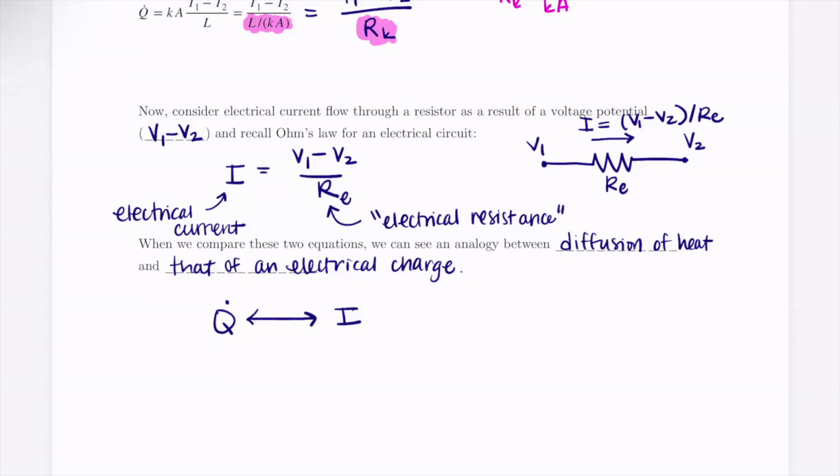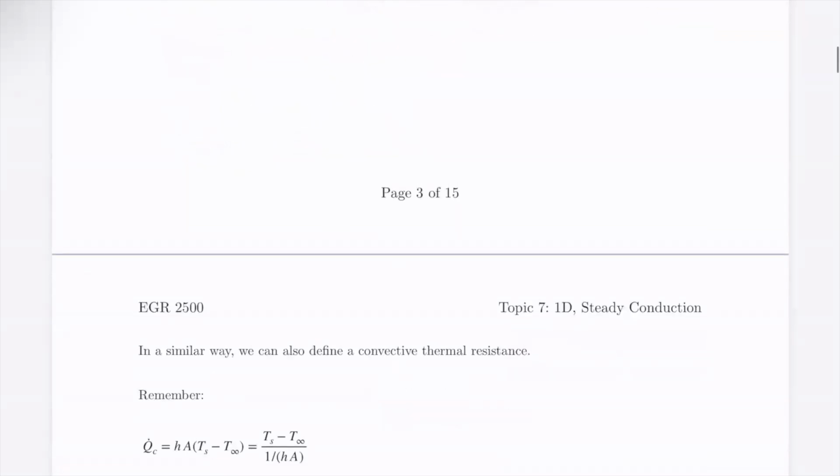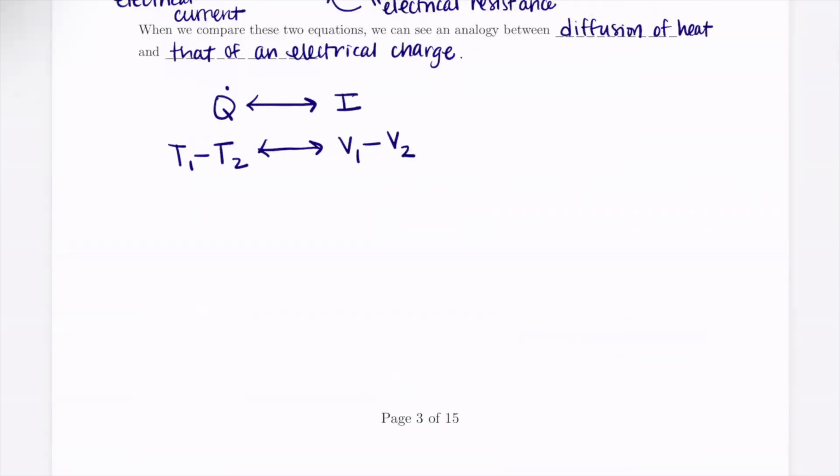Okay. And then the temperature difference, so T1 minus T2, is analogous to the voltage potential. All right, so we can draw analogous electrical circuits between any two temperatures that drive a temperature potential.